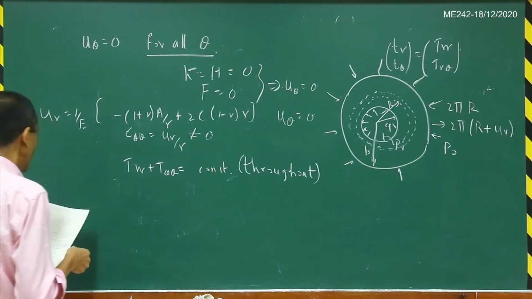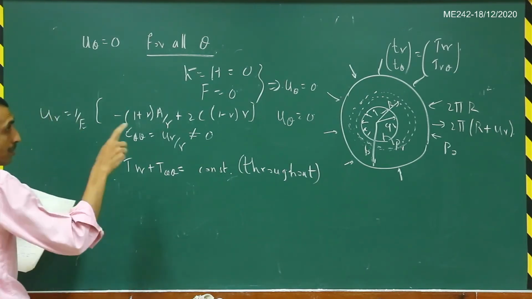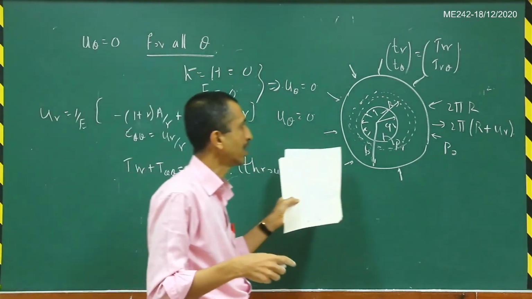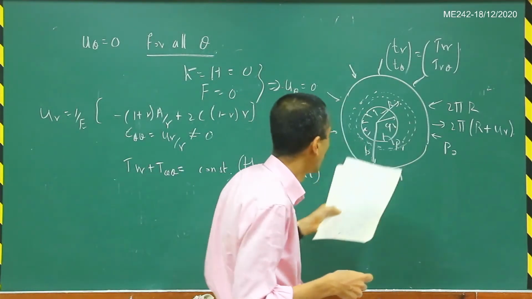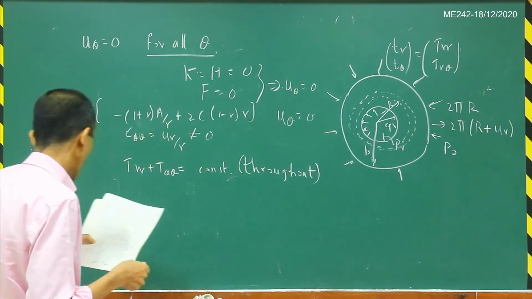Then if we take P naught to be 0, so imagine that the pressure is applied only on the inside and the outside pressure is 0, what are the expressions that we get?